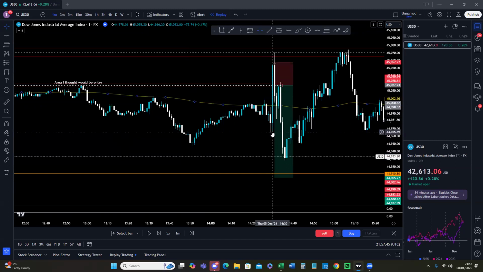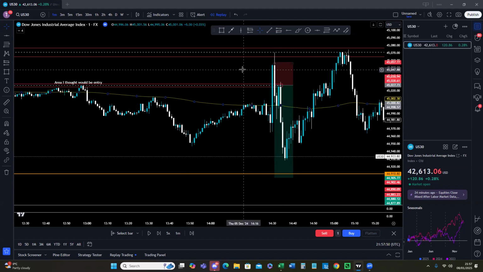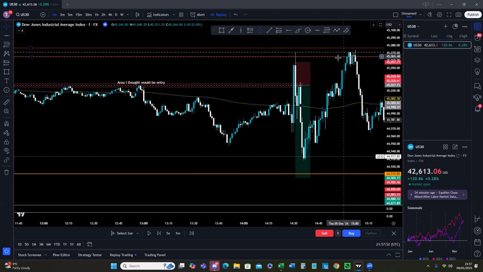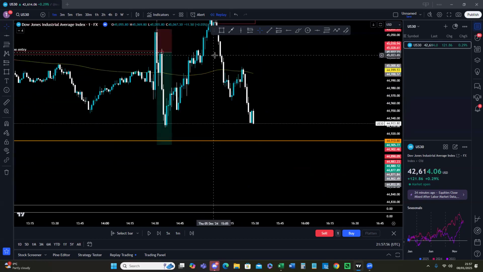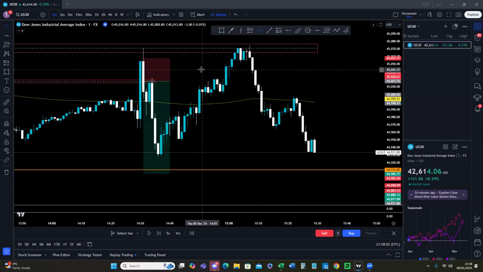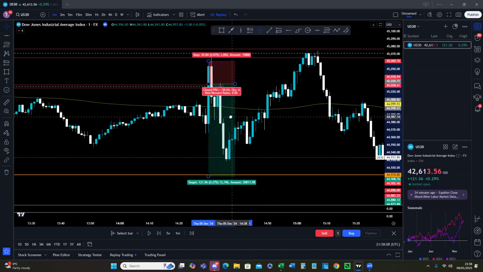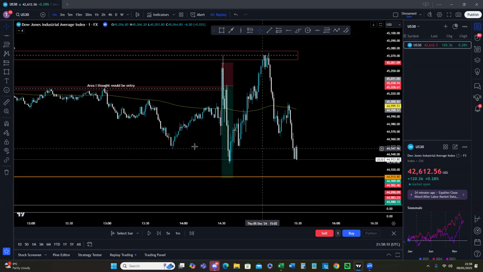I know it's come from down here and shot up there, but it's just a bad entry for me. But obviously it liked this zone, it tapped in there multiple times, and then it goes off. But hey ho. You could have argued there would have been an entry there, but you would never have got the 1 to 4. So yeah, you don't win them all.